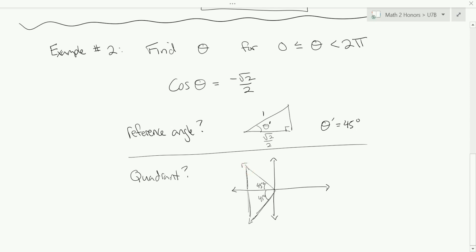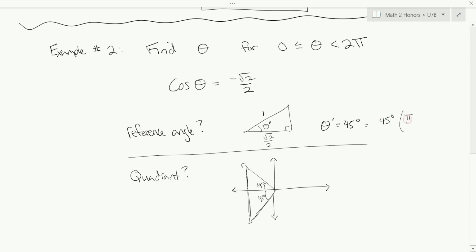Now, what's different about this one is I told you I want the answer to be in radians, not degrees. So you can get the two answers in degrees and change them both to radians. That's fine, but it's a little more work than what I'm going to do. What I like to do is take my reference angle and change that to radians. Eventually you start memorizing it because it's pretty easy. But until you do, how do you change degrees to radians?